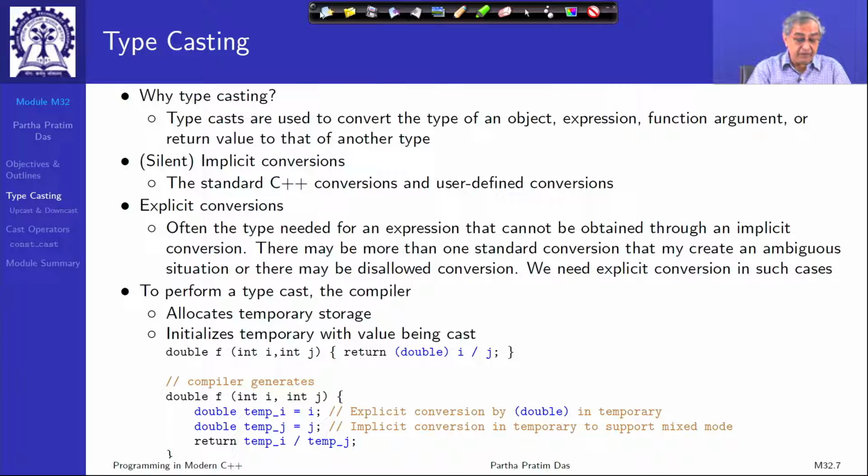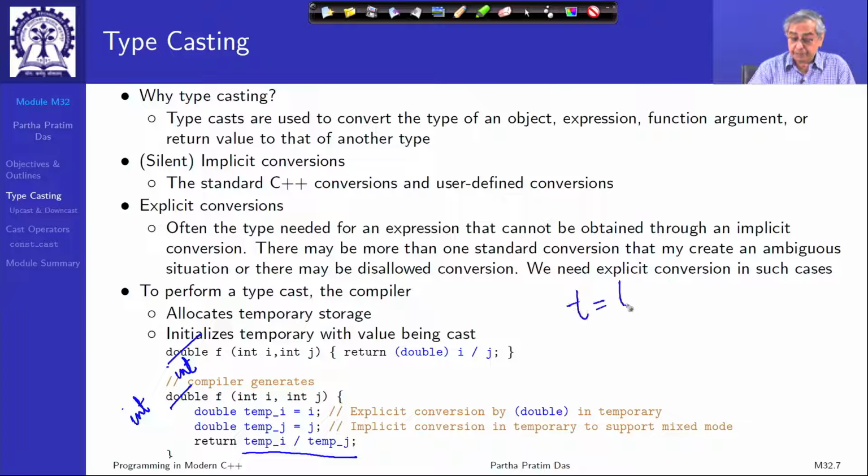Things would be even more complicated, and interesting, if instead of the return type being double, it were int. If this were int, then this will not work, because this will give a double value. So, what would it again have to do?